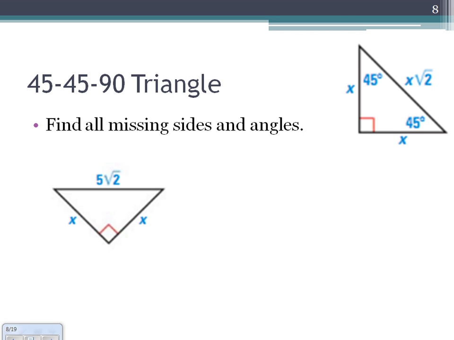Here you are. Problem's a little different. Because what have I given you this time? A hypotenuse. So set it up. Same thing.